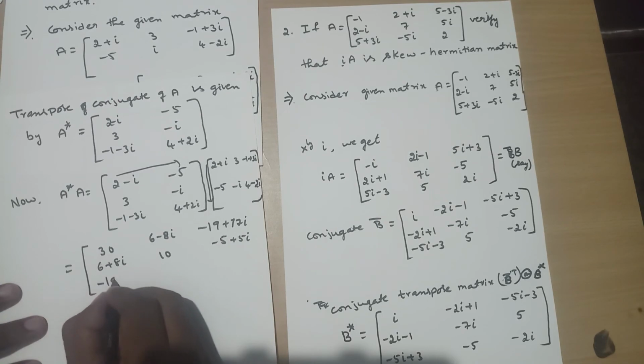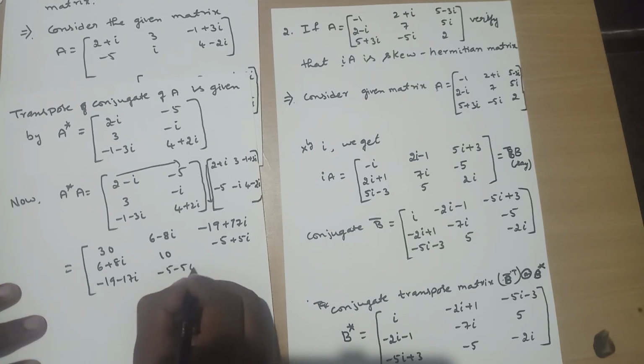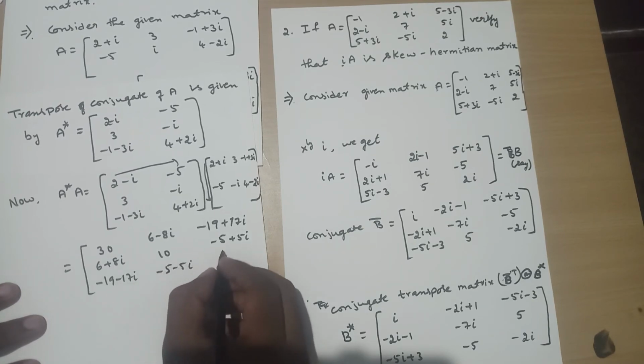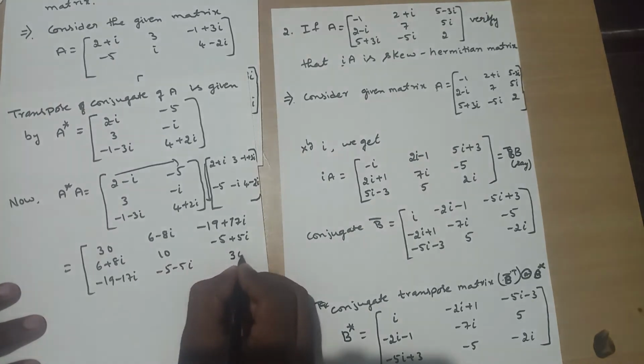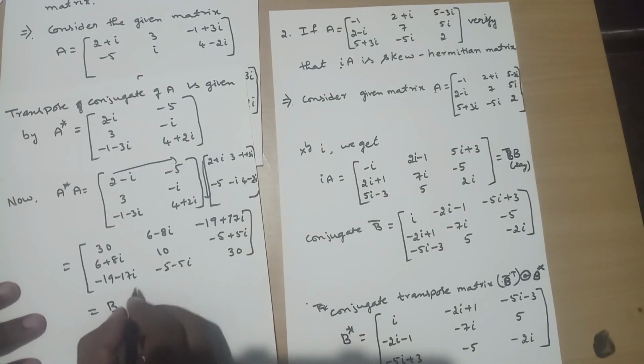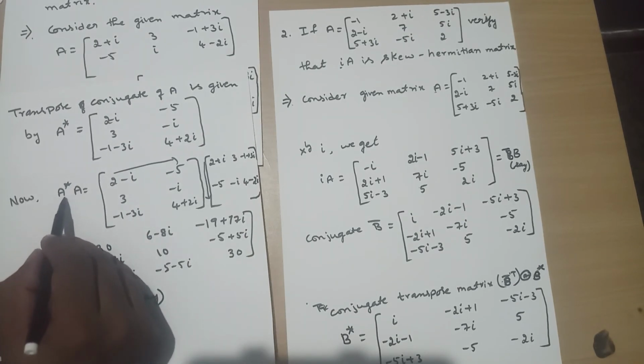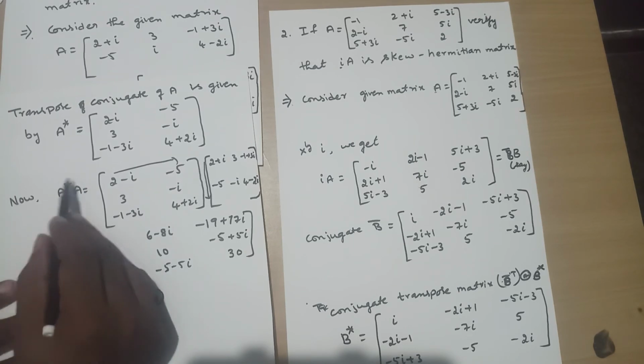So minus 19 minus 17I, so we'll get minus 5 minus 5I, here we get 30. So I call this matrix B. Okay, so I found A star into A. So now you have to prove this one is Hermitian.